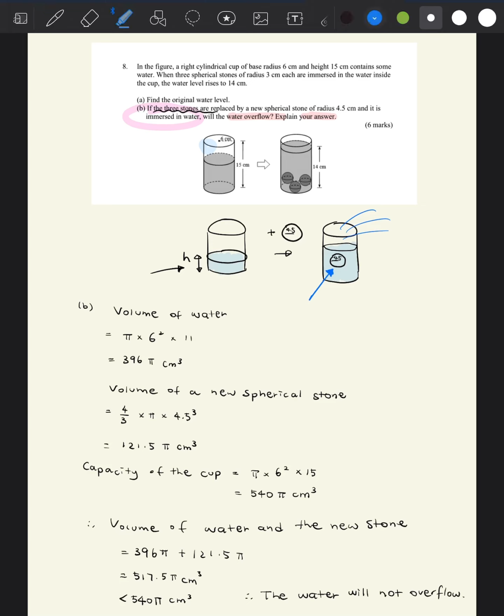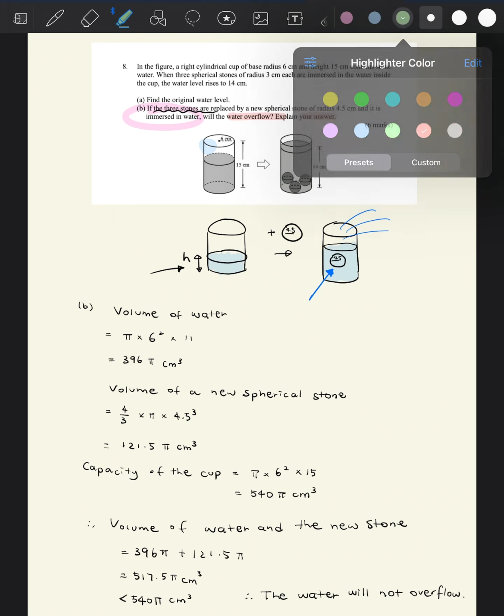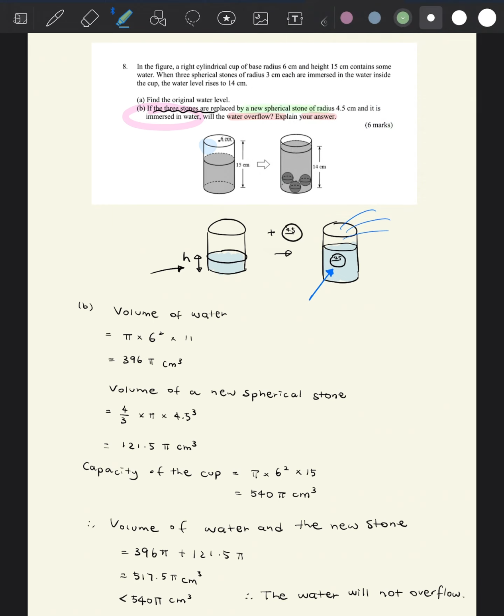So always look at the information. Make sure you can see that the 3 stones are only replaced by a new spherical stone, because a lot of you thought it is replaced by 3 spherical stones. And again, apart from the stones being replaced, the original water has not changed. So this height here is the original water level you have found in your part A.